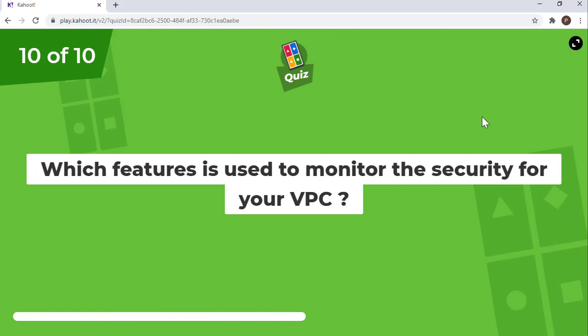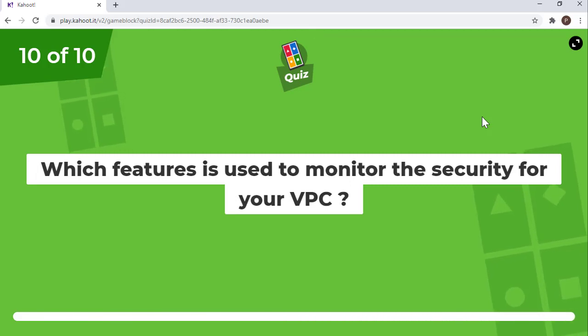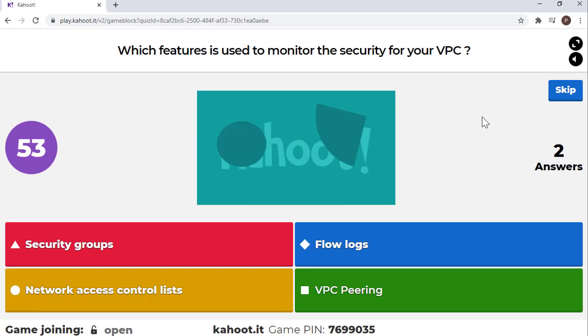Which feature is used to monitor the security for your VPC? Again, a question on VPC. The key here is monitor the security.